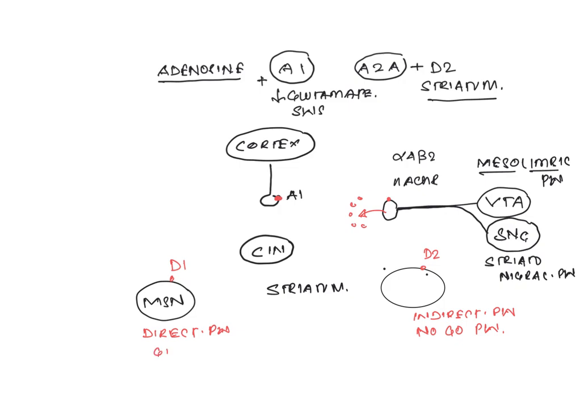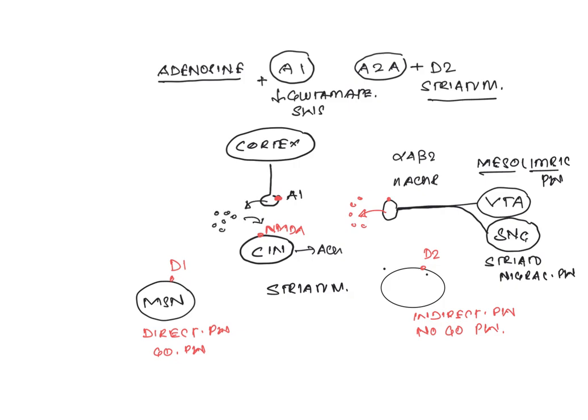This is called the go pathway. Stimulation of this helps you to go forward with the movement, right? The cholinergic interneurons that we are talking about here are rich in NMDA receptors. So if you look at the corticostriatal pathway, when they are stimulated, it causes the release of glutamate.